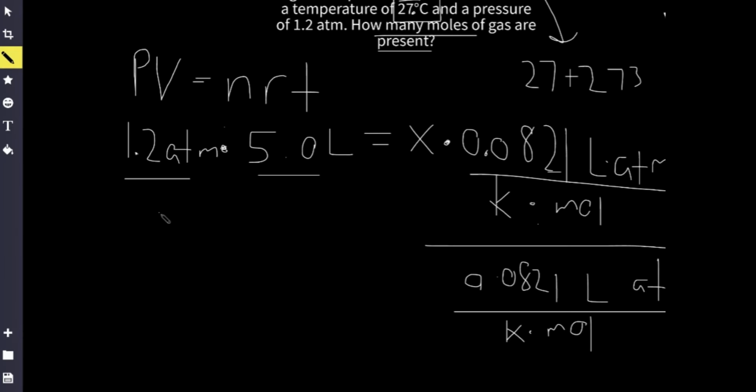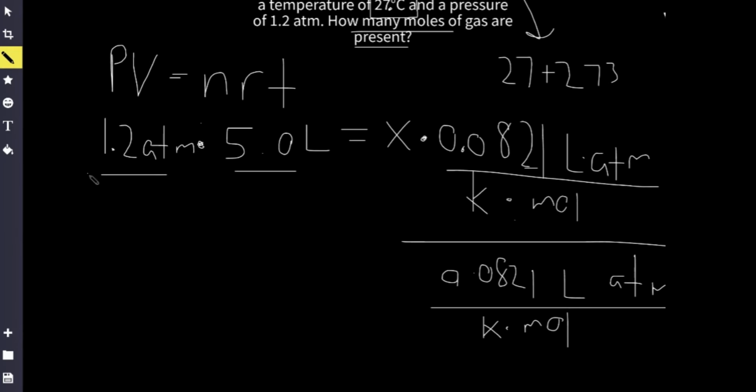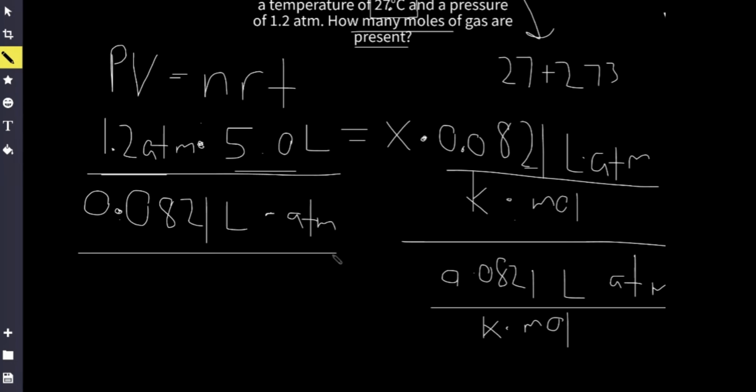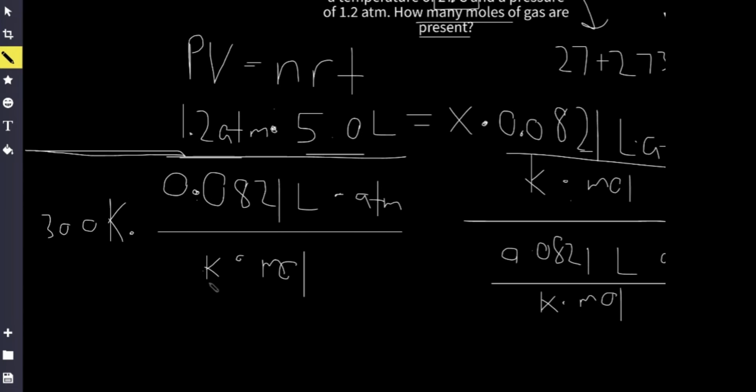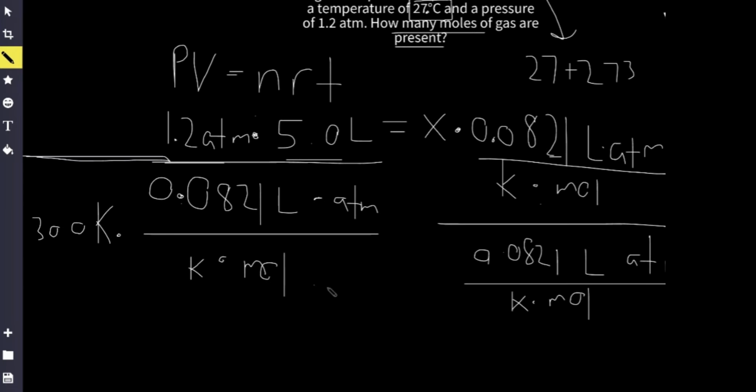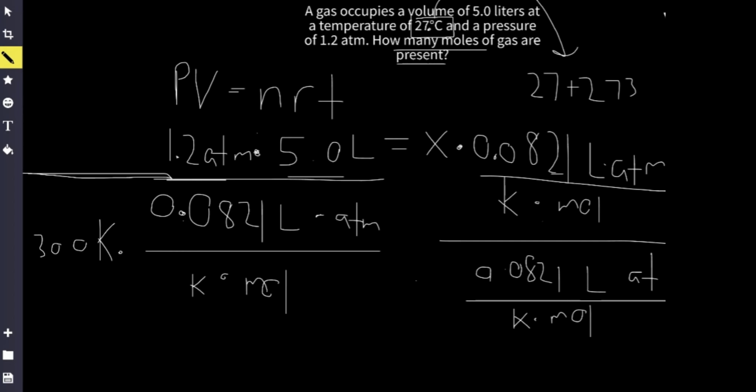So now what we're going to do is isolate X. We're going to divide both sides by this whole thing right over here.